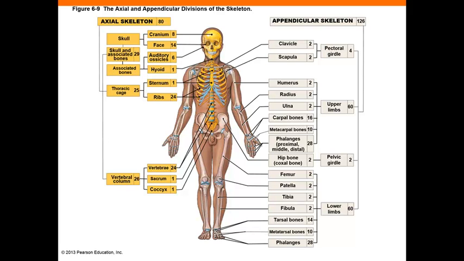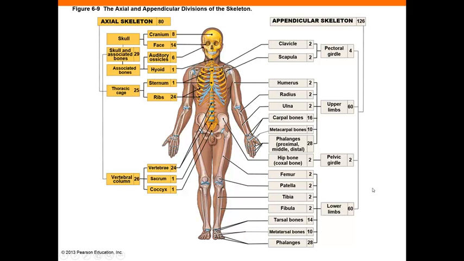So, we're going to start our whirlwind tour of the human skeleton. The skeletal system consists of approximately 206 separate bones and their associated cartilages, and is divided into the axial skeleton, pictured here in yellow, and the appendicular skeleton, which is pictured here in the lighter gray.